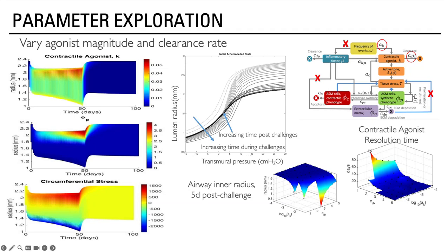So one thing I'm very interested in is understanding how this modified mechanical property in the branching network affects pressure volume relationships in people who have severely remodeled airways. This is work that I'm starting with Carl, so I don't have anything to show you in this presentation yet, but this is something we're looking at.